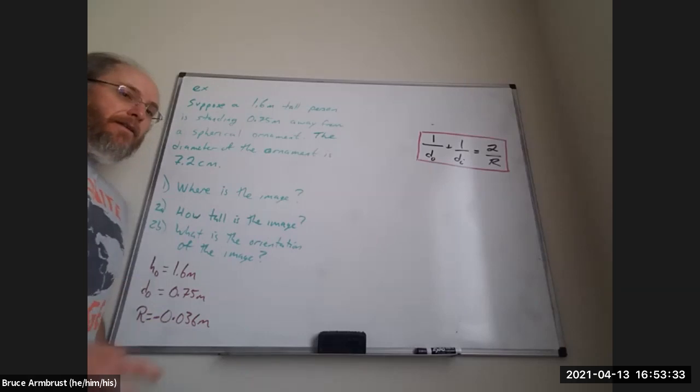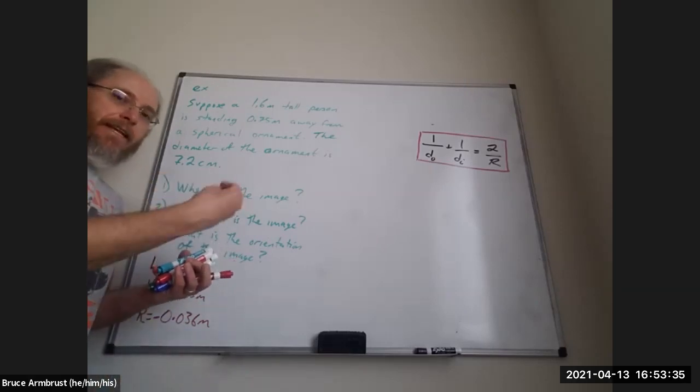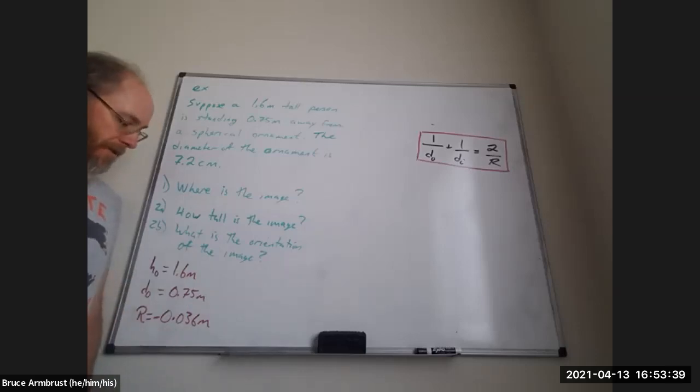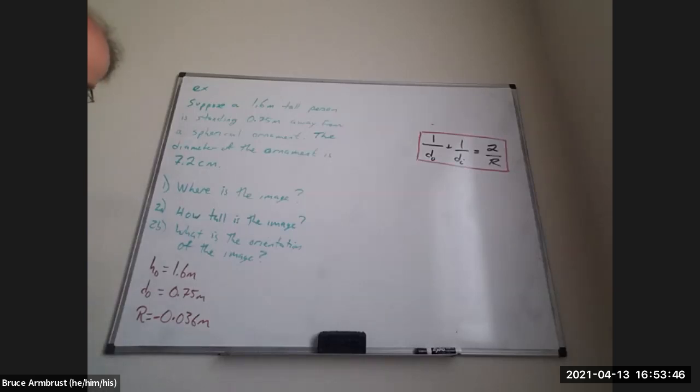Yeah, negative. So think about, where's the center of that sphere? The center of the sphere is inside of the ornament, which is behind the mirrored surface. So it is going to be a negative R.